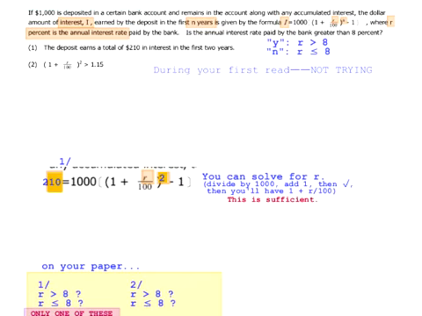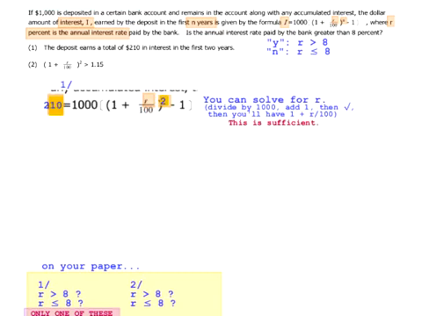Let's say that you really are hell-bent on trying to solve this for R. Then you probably could. How would you have to do that, though? What's the first step of solving this? You're going to have to square root this.